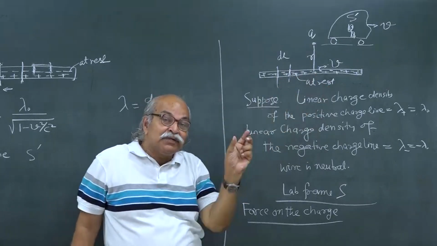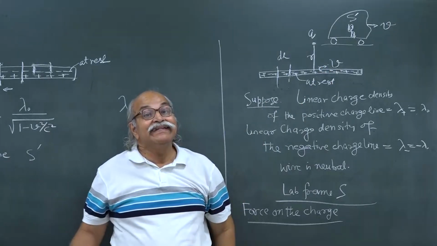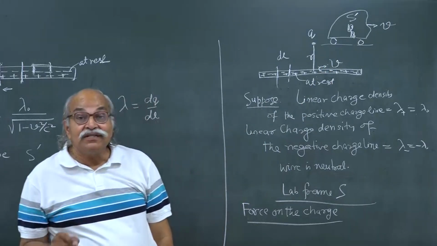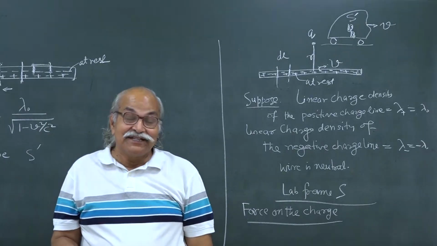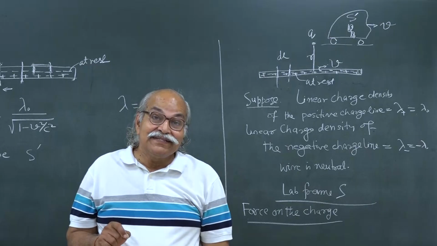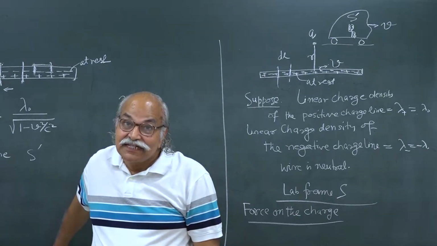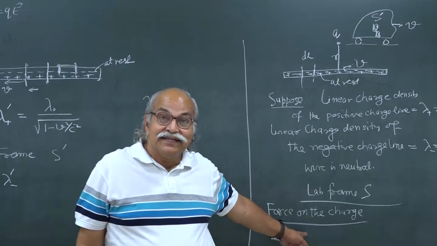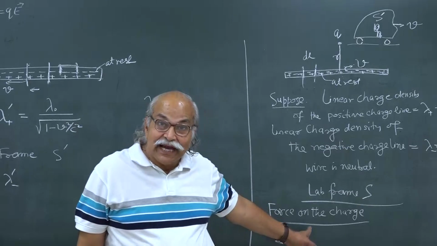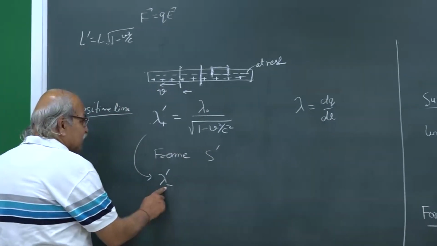The separation between those 2 points that I have marked has increased, but the charge contained between those 2 marks remains the same, and therefore, the charge density will decrease. In S prime, the linear charge density will be less than the linear charge density in the lab frame S. I am talking of the negative charge line now. So, this is less than that.